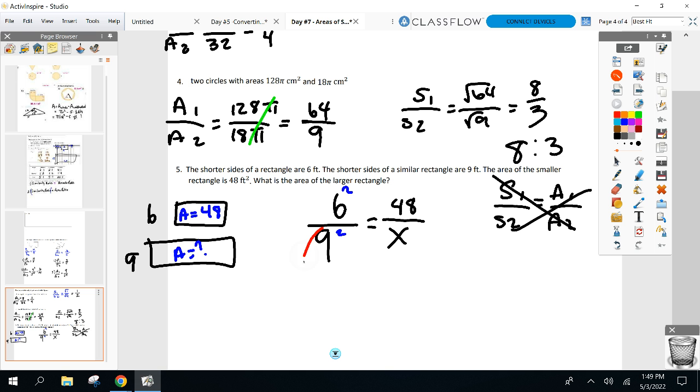And now you can cross them up. 108 square feet.